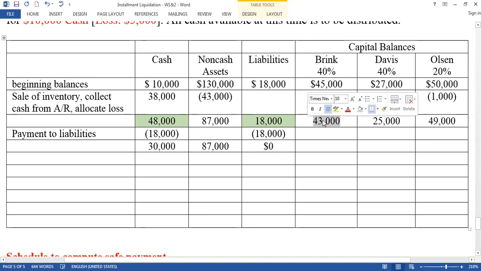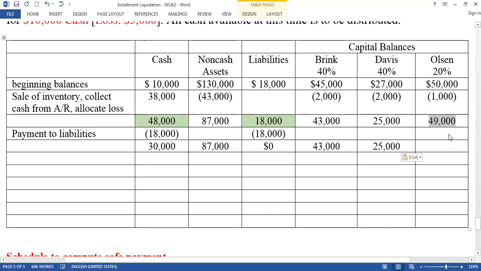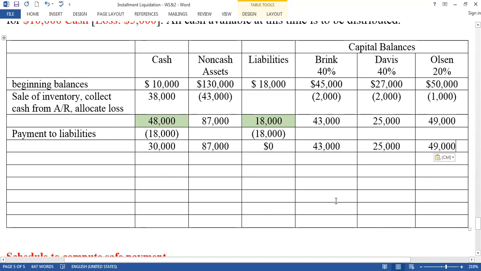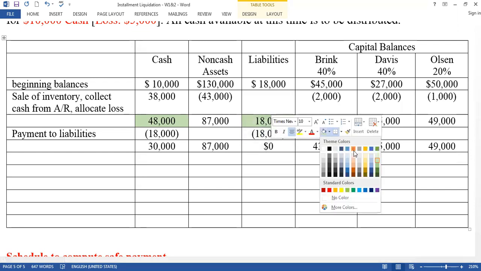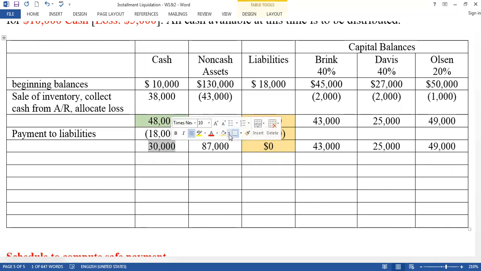Then we have capital balances of 43, 25, and $49,000. Do you understand? We paid all liabilities. The liabilities account is closed, right? After closing the liabilities, we have $30,000 cash.